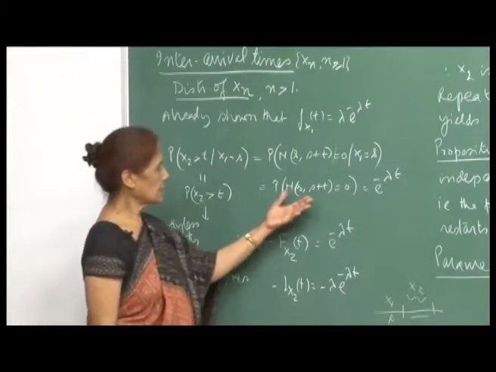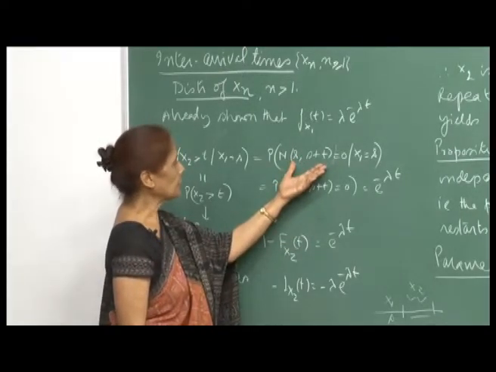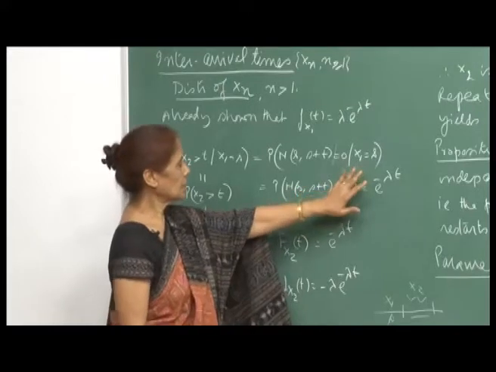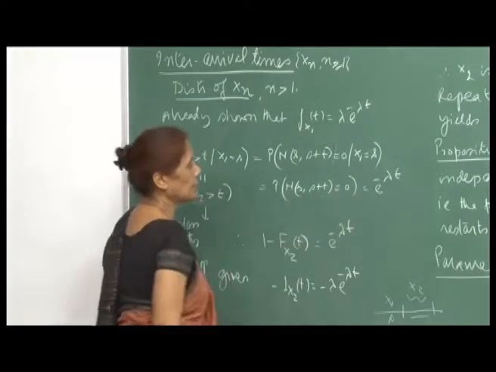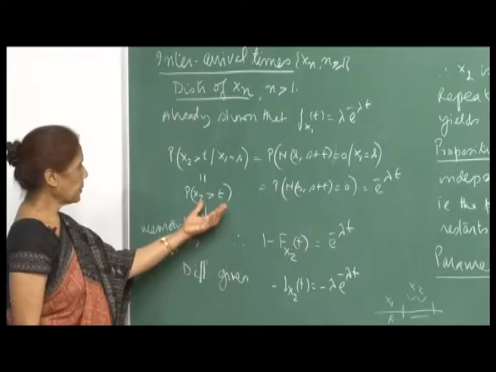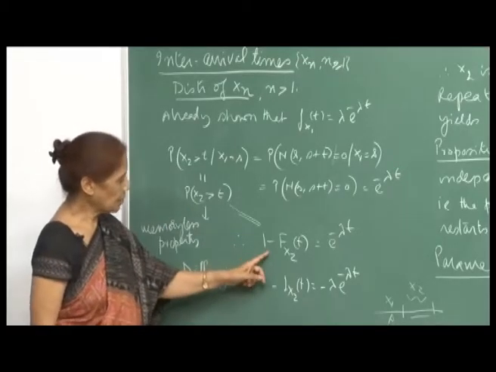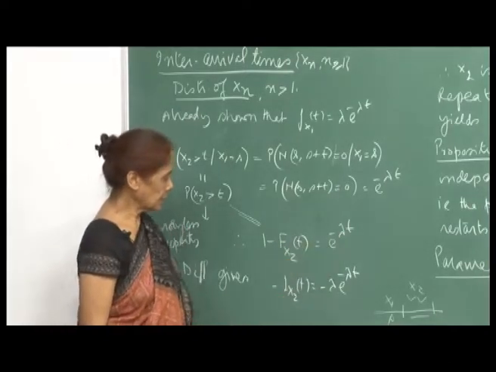The probability that you want to compute here is that there is no arrival in this interval, and so the conditioning has no bearing on this probability. So this is e raised to minus lambda t, and in terms of your distribution function, you will write this probability as 1 minus capital F x 2 of t, and this is equal to e raised to minus lambda t.